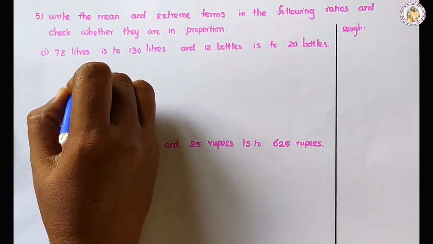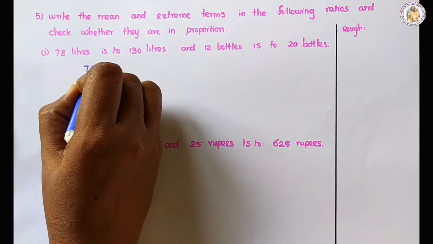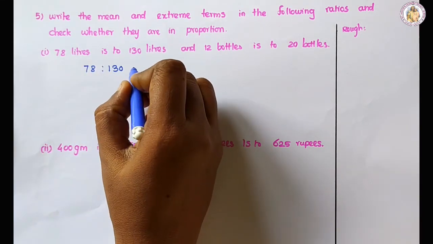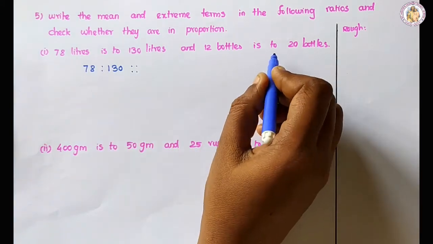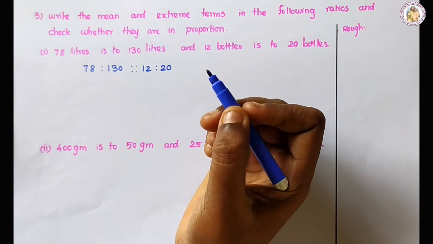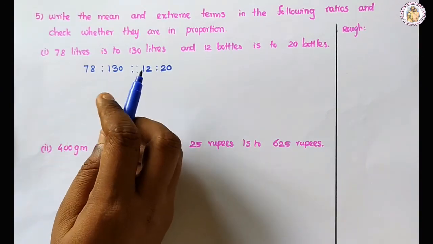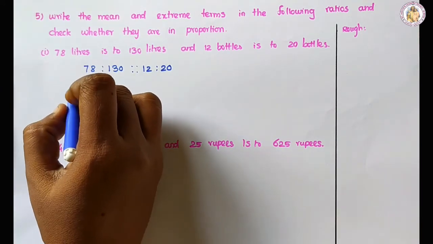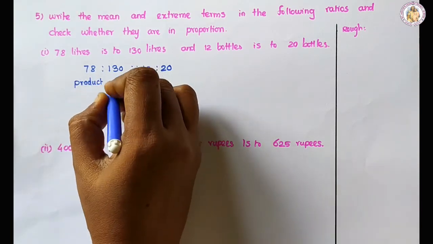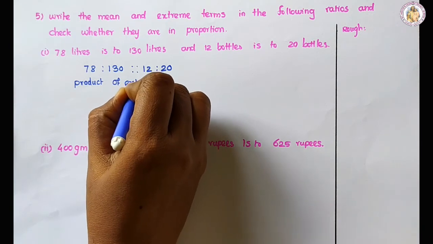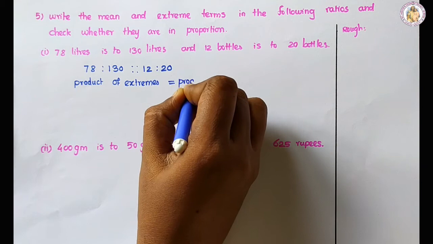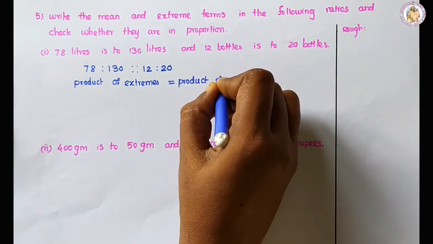That means in proportion 78 is to 130 as 12 bottles is to 20. Check whether they are in proportion. What are the rules? That is product of extremes equal to product of means.